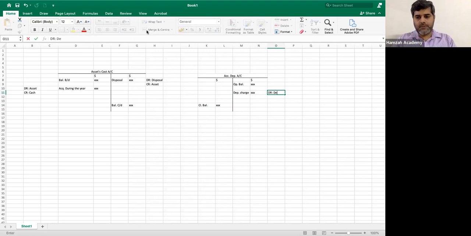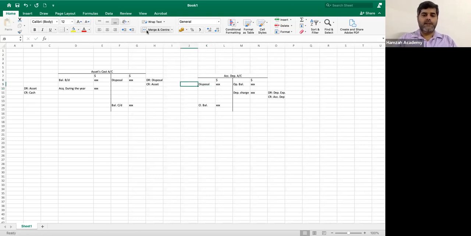The double entry for this is depreciation expense debit, and credit is accumulated depreciation. And then we have the disposal here, and the double entry for that is debit accumulated depreciation account, credit disposal. So these are the two accounts. The cost account is separate, the accumulated depreciation account is separate, and this is where the company is maintaining a separate accumulated depreciation account for the depreciations on the non-current assets.